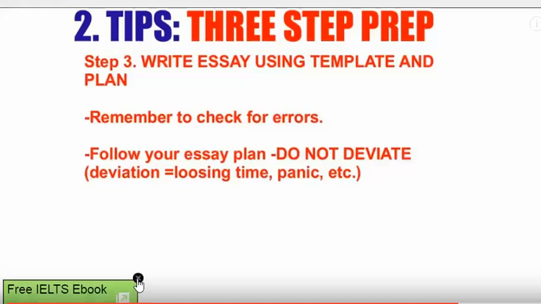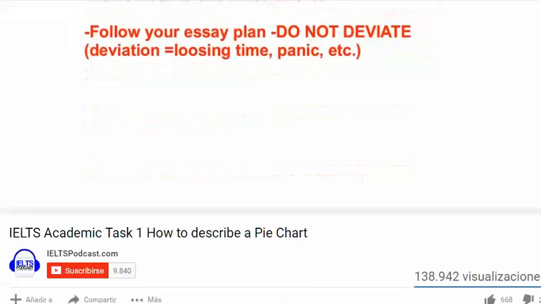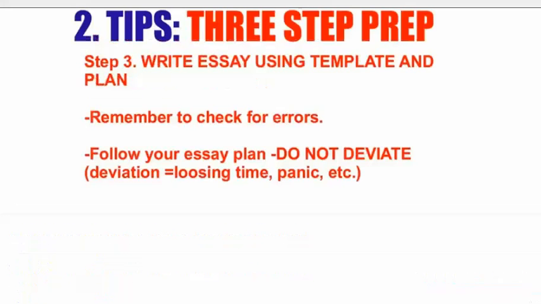I'll explain the paragraph model in a second. In this stage, when we're writing it, remember to check for errors once you've finished and follow your essay plan. If ideas pop into your head, ignore them. Just follow your plan. It'll keep you calm, it'll keep you on track, and it'll keep you within the time limit. So don't deviate from that.